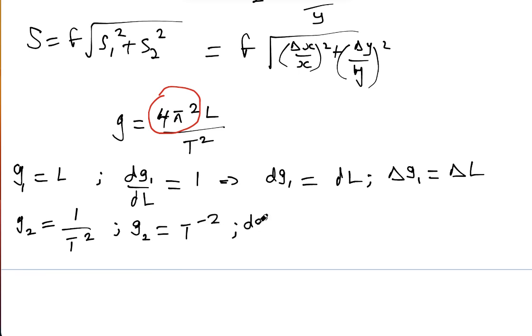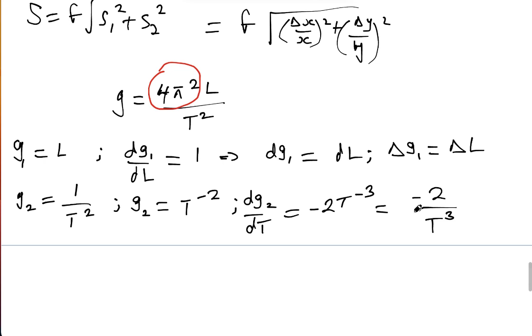So let's find dG2 over dt, that is with respect to the period. Going by what we have done, that will be negative 2 coming back here, then t raised to power minus 2 minus 1, that will be minus 3. If you write this very well, you have minus 2 over t raised to power 3, that is if you use indices.